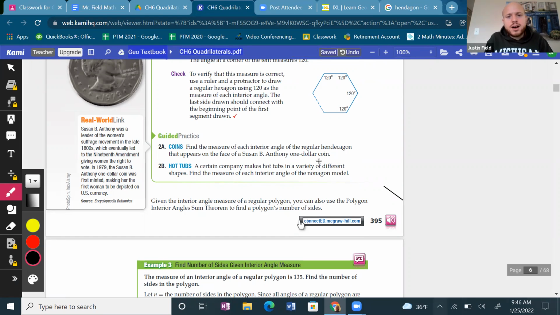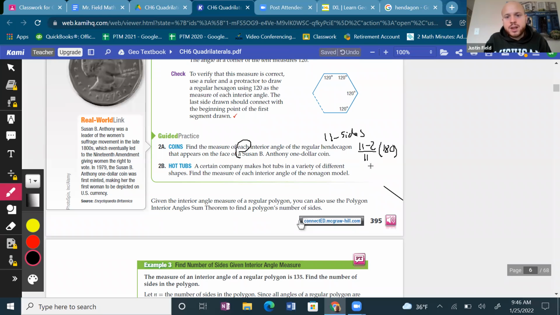So for this one, what we're going to do is, we want to find the measure of each interior angle. So you just have to do one more step. You have to divide by 11.